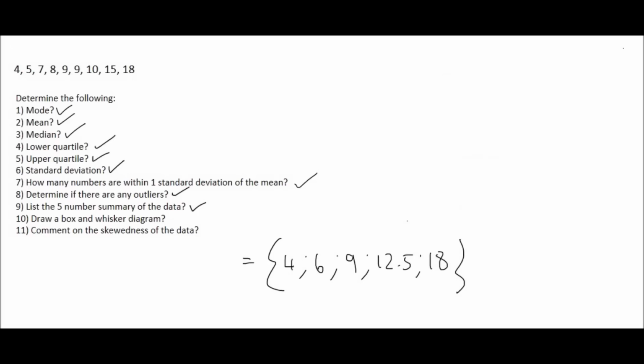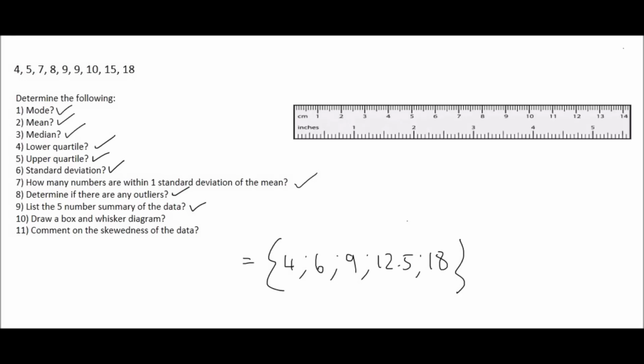Number 10, draw a box and whisker diagram. So a box and whisker, it's a very easy concept. You take your 5-number summary and you plot that on a graph, almost like on a number line. So what's very important is that you make use of a ruler. And now what you do is you list your minimum value at the front over here.